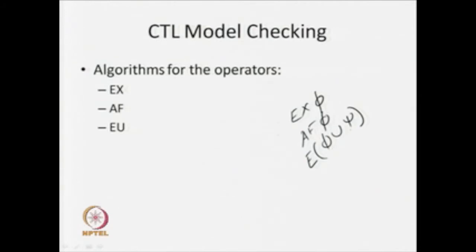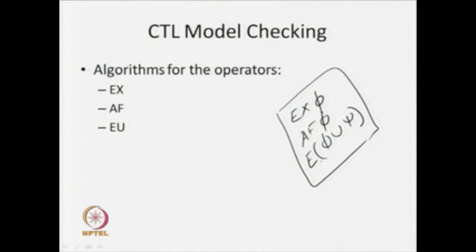We have seen that these three are an adequate set of temporal operators from which we can derive the other CTL operators, because we have 4 temporal operators along with 2 path quantifiers, altogether giving 8 different combinations. But this is the adequate set of operators. So, if you know the procedure for these 3 operators, then we can check the truth of any other CTL operator.